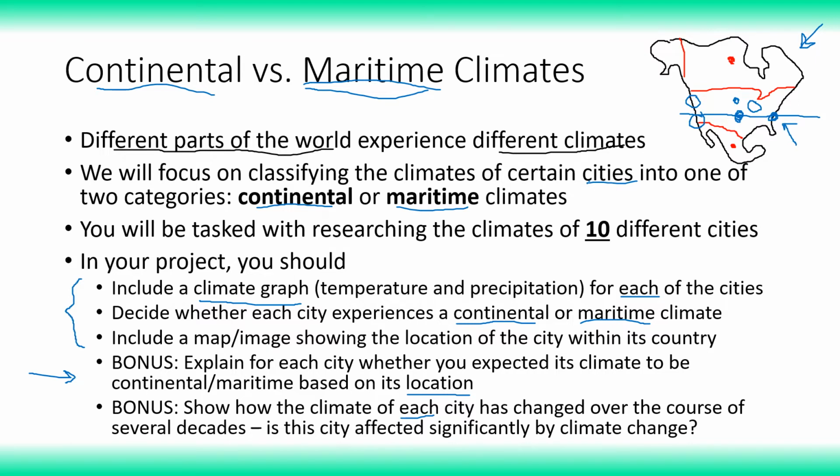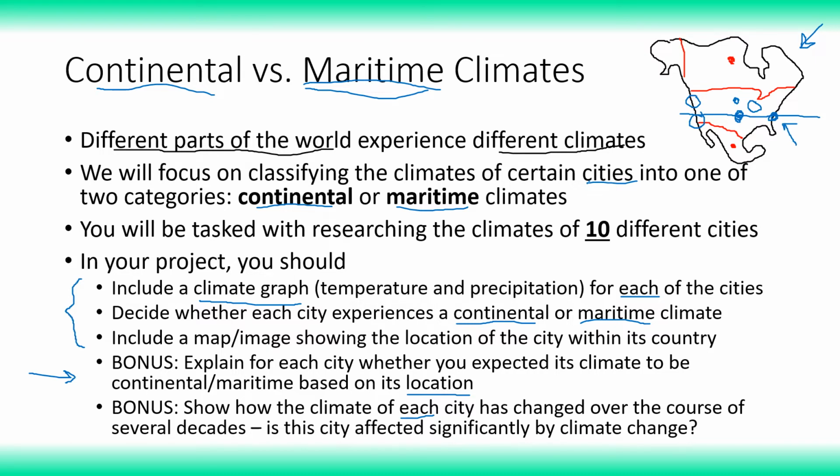So for a given city, let's say somebody's studying London, England, then if you also include some sort of graph or some sort of table of information that shows how the temperature and precipitation has changed over the course of many, many years, many, many decades, preferably, then you can bring climate change into the discussion. You know, has it gotten hotter? Does it rain or snow more or less?